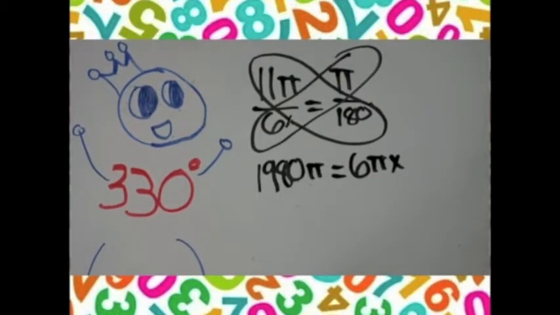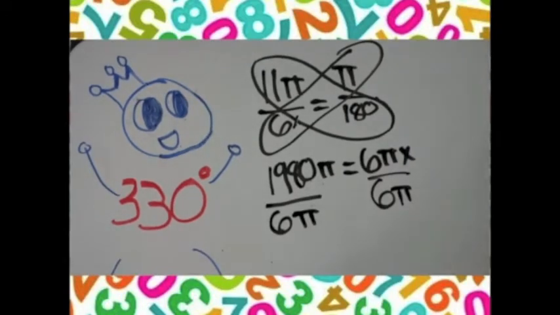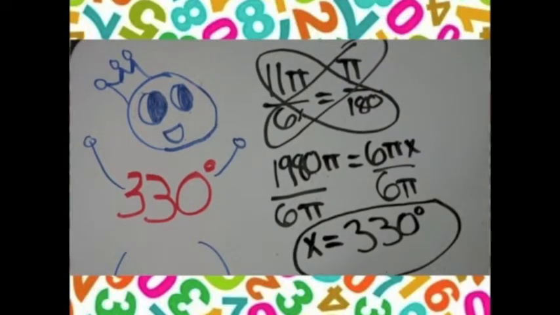So you have 1980 pi equals 6 pi x. Divide both sides by 6 pi. And x equals 330 degrees.